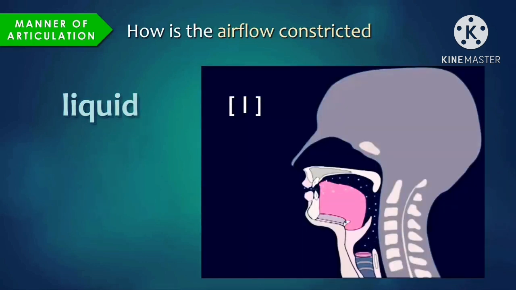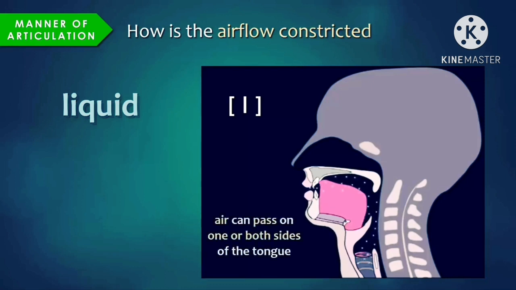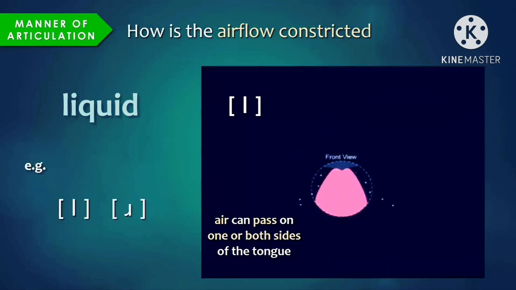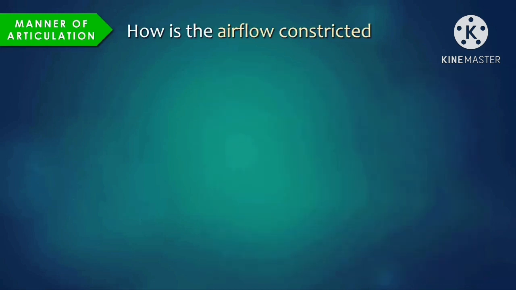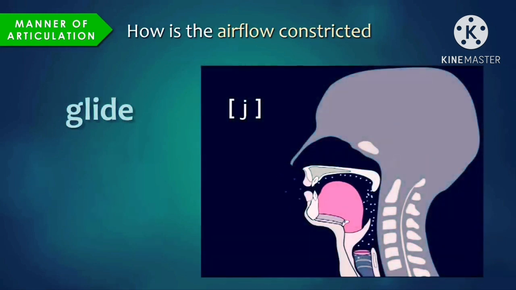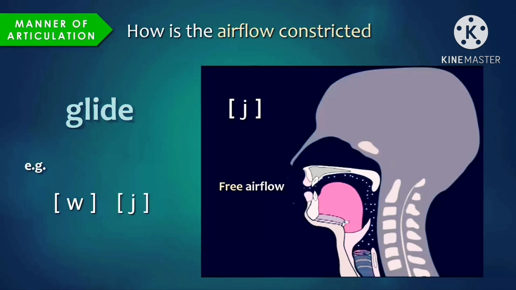Liquid sounds are produced by allowing air to pass by one or both sides of the tongue, and the tongue itself can move a lot to shape the sound, such as l. Glide sounds are produced with very little constriction of airflow, such as w, y.